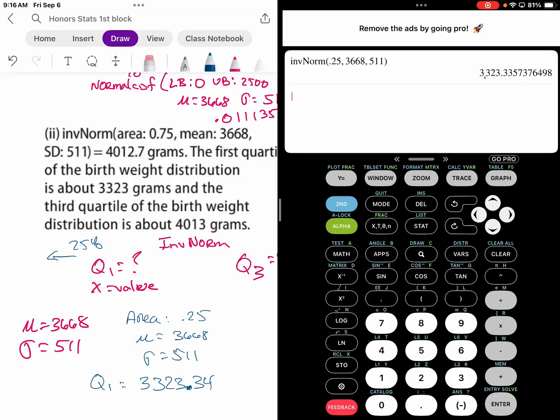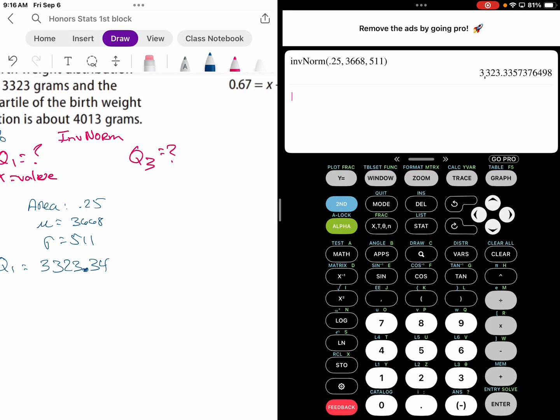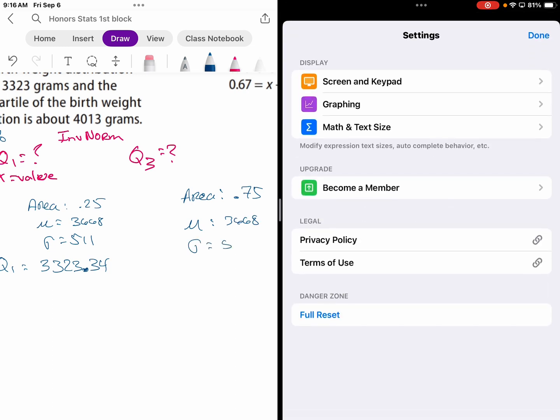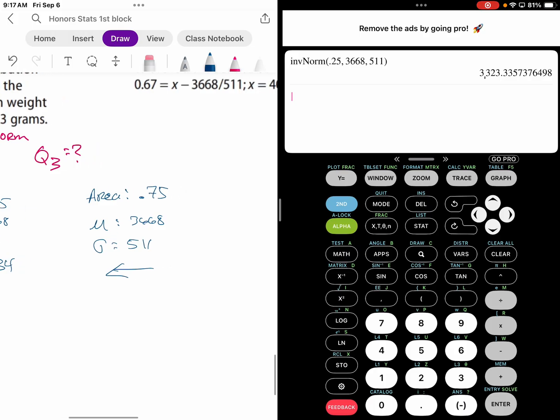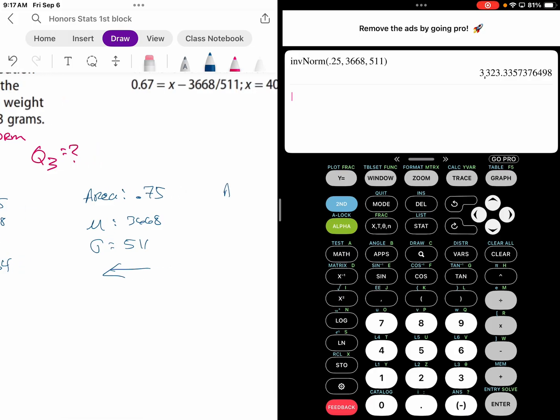So to find quartile 3 to the left, you would go 0.75 and then type in the same information, and then choose to the left. That's what I have to do on the Calc 84. On the TI calculator you could also use 0.25 as the area, then 3668, 511, and choose to the right. It will give us the same answer that I'm going to get here in a moment.